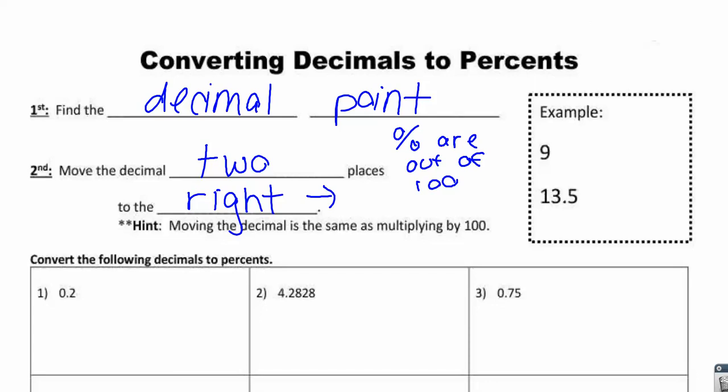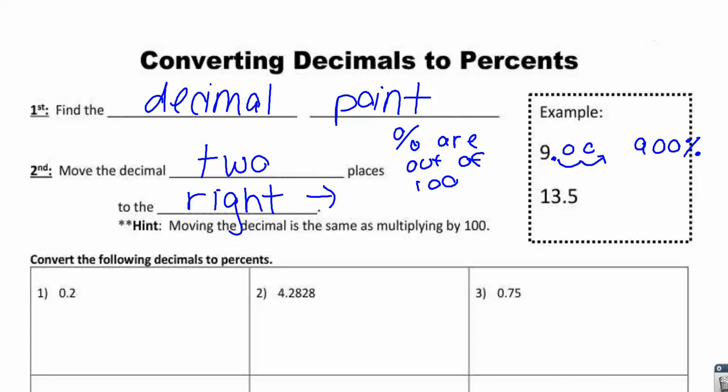Simple as that. So if we have 9, if we multiply 9 times 100, we're going to get 900%. Another way to think about it is if the decimal point is here, because the whole number has a decimal point in the back, I'm going to move it 2 places and fill in the gaps with 2 zeros.